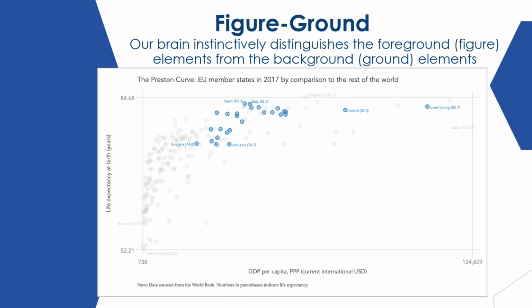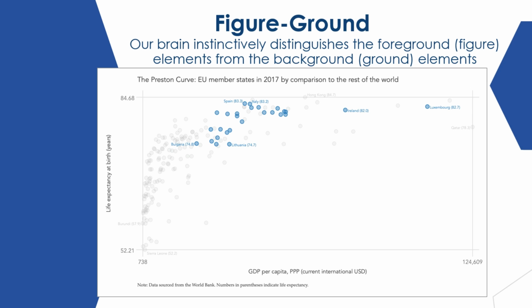Now, the final principle is the principle of figure and ground, and it's basically telling us that our brain is quite good at distinguishing the background objects from the foreground objects, and this way we can use the background objects to give more context to the foreground objects.